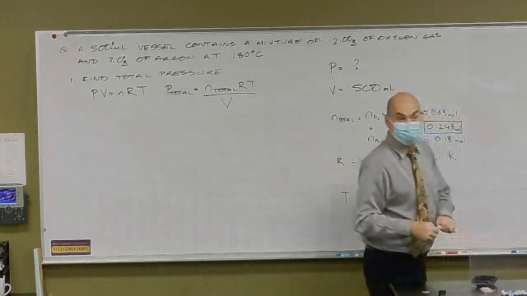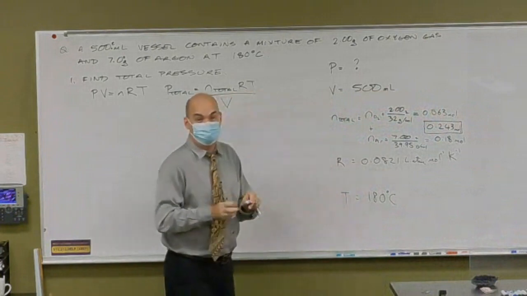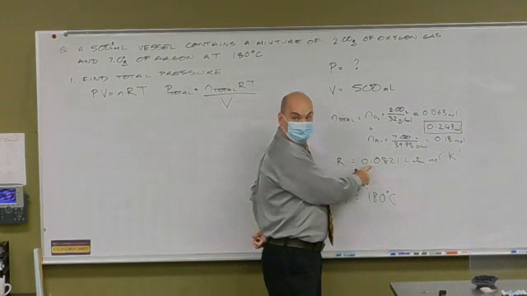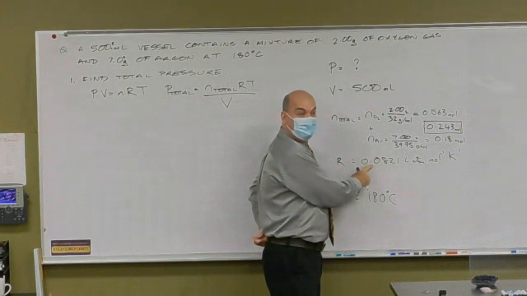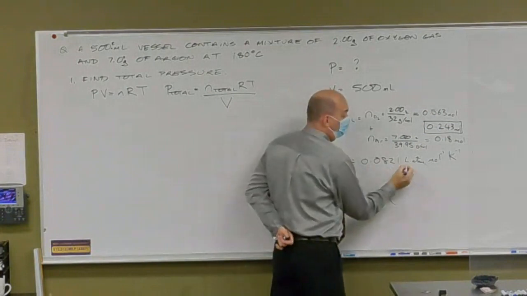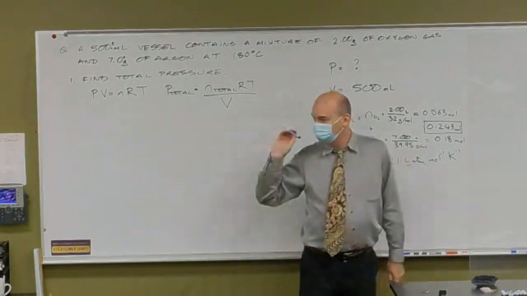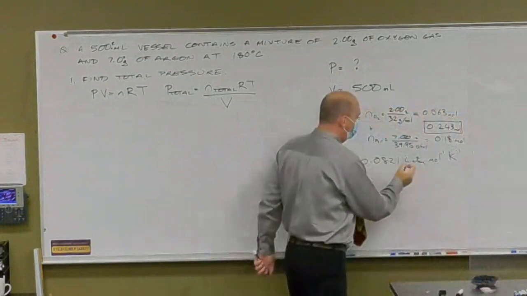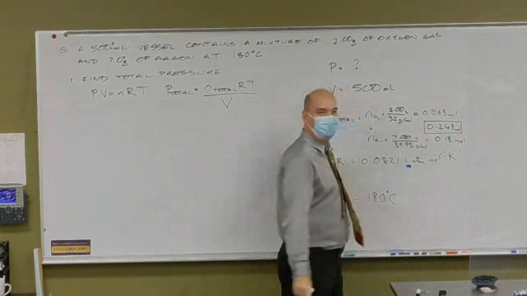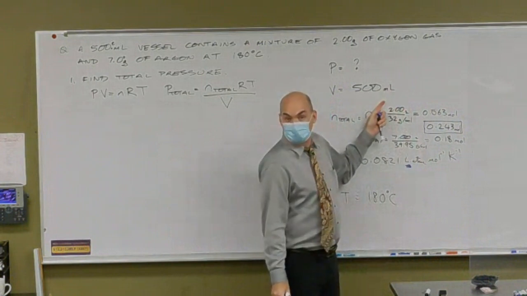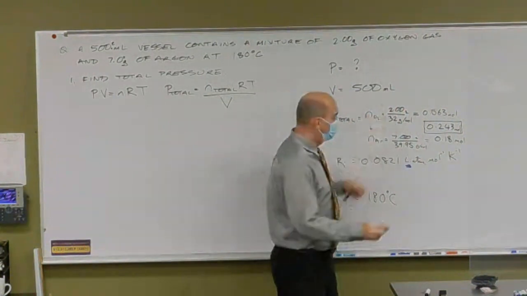So when I went to the textbook to get this value of R, this value of R only works if my volume is in liters. Is my volume in liters? No, it's not. So I have to change the volume.